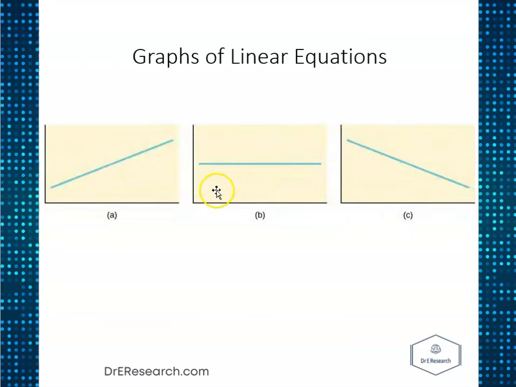And in the middle one, as x increases, y does not change. This is going to be a critical distinction in simple linear regression and statistical analyses, because if as x increases, y does not change, it stays essentially the same, then basically what we're saying is x does not predict y.